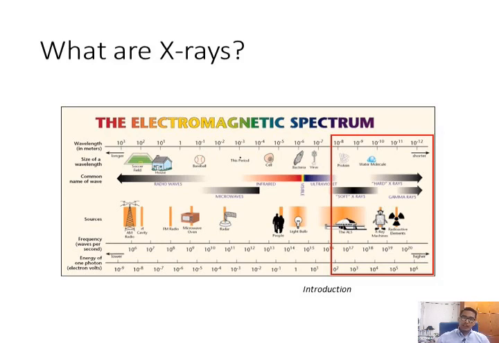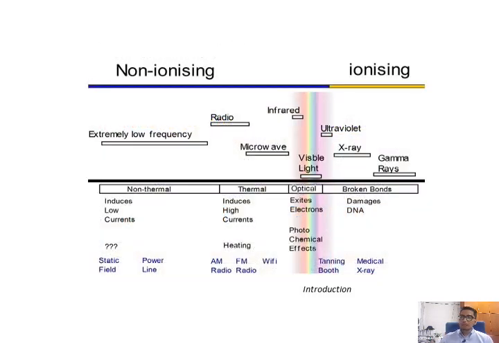If we differentiate the electromagnetic spectrum, it can be categorized into non-ionizing and ionizing. From left to right, those sources that have higher energy will be able to ionize your sample. These are the basic concepts that you can hold, so that you can see the changes of energy with respect to wavelength, depending on the sources that we use.